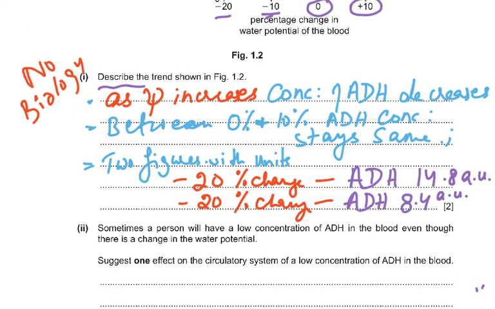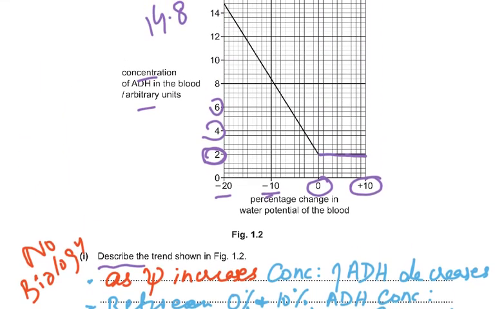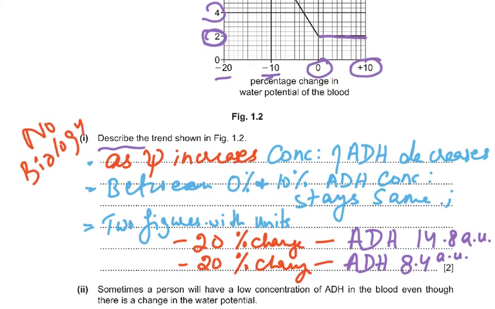So the trend would be as water potential increases, concentration of ADH decreases, which you can see, of course, as it is decreasing. Between 0% and 10%, the ADH concentration remains the same. And then two figures.